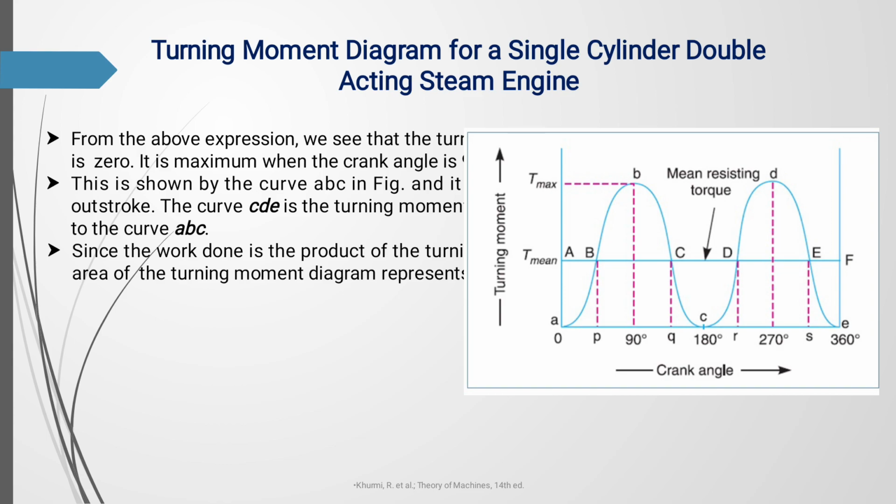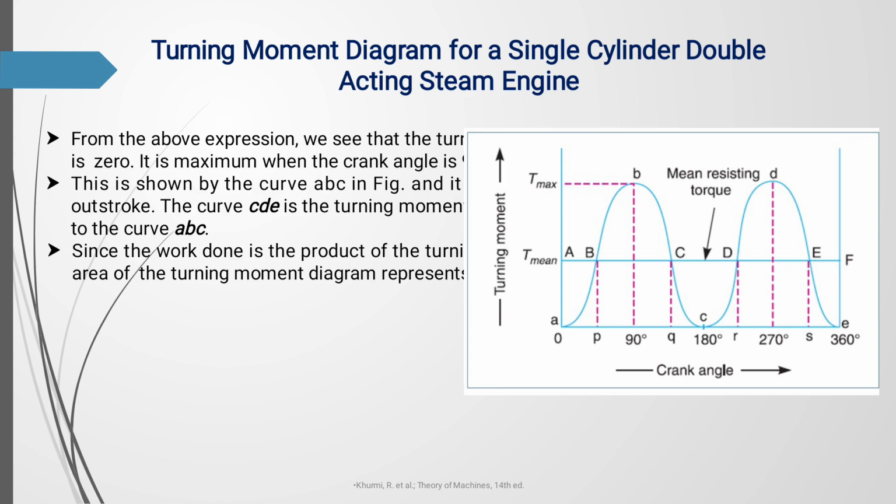I am explaining the curve a few minutes ago. So here the explanation is given. Let me explain. From the above expression, we see the turning moment is zero. It is maximum when the crank angle is 90 degrees and is again zero when the crank angle is 180 degrees.